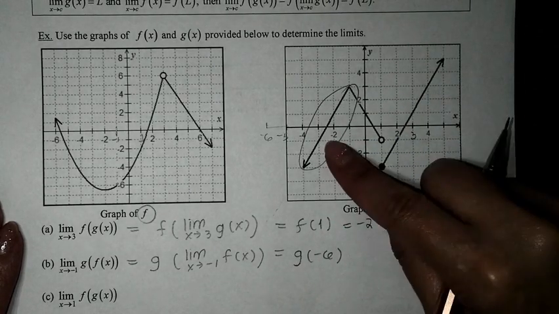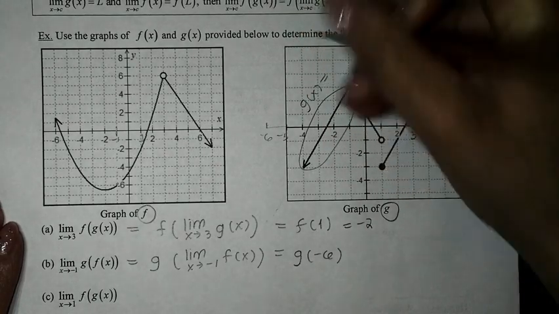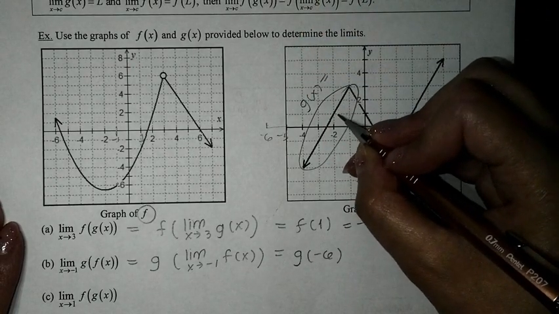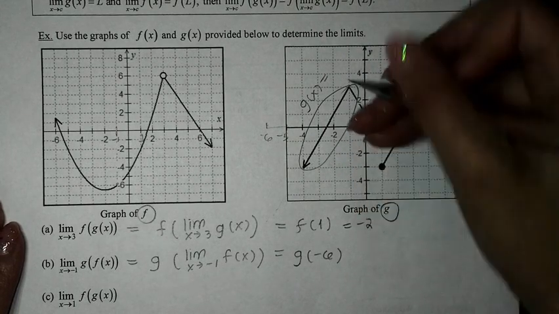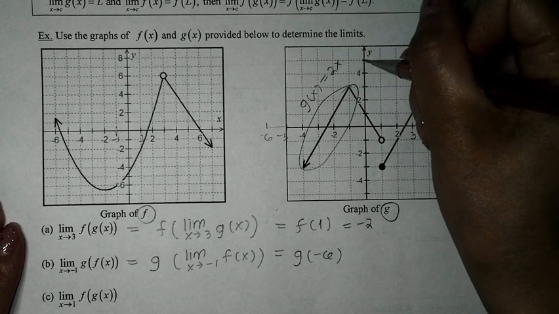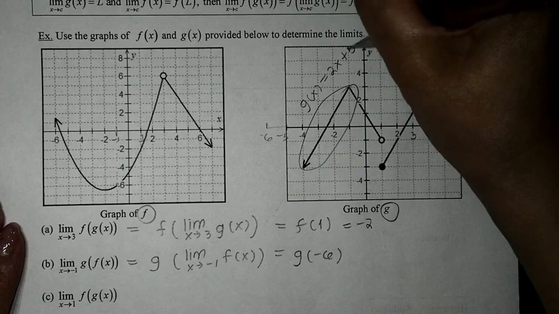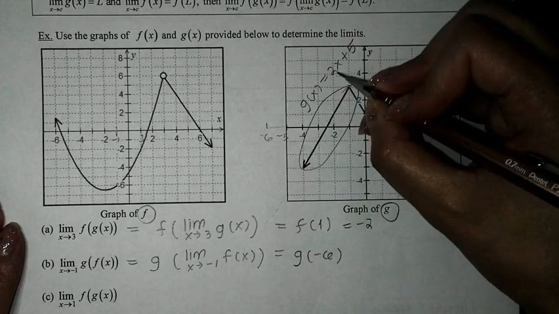The equation of this line, you know that this is part of the g of x, and you have that this is a line, and you can see the rise over run here. You can find the slope that it's +2, and then you can see that if we keep going here, you're going to hit the 5, so that's your y-intercept. So you know that the equation for this line is going to be 2x plus 5.